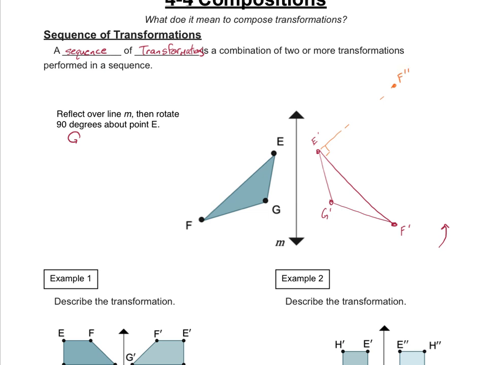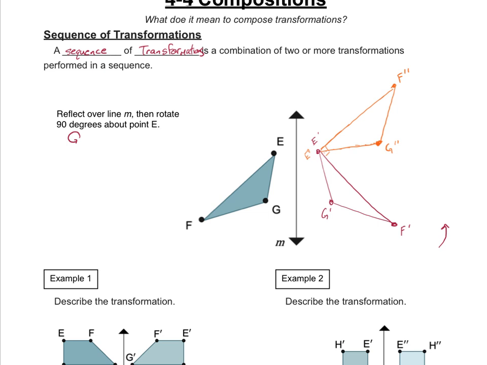G would be 90 degrees this way, G double prime. And then E double prime didn't move because that's what we were rotating about. So just connecting my dots, that's what my image would look like. So my final composition should hopefully look like that orange drawing there.